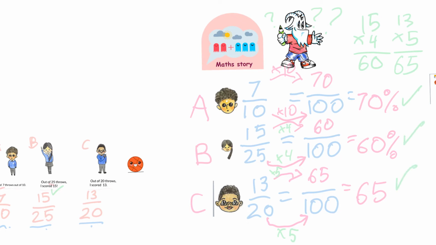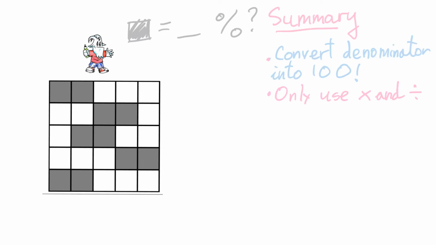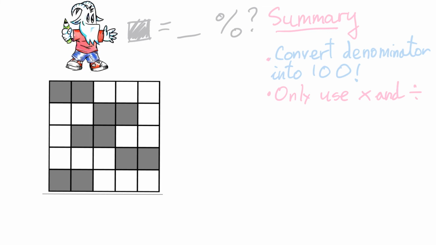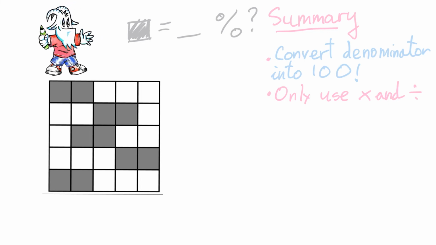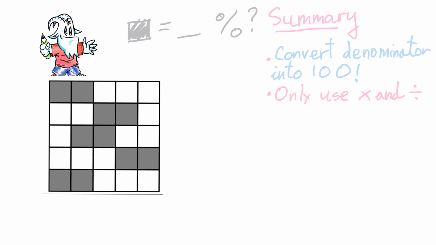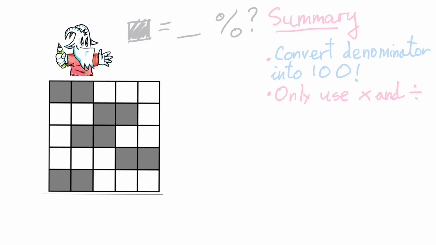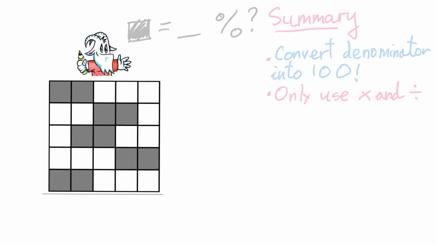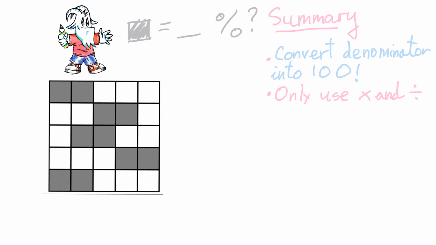Let's move on to some independent practice. So, this is our final practice. Below me, there is a square. The square is shared equally into white and grey squares. The question is, what percentage of the whole are the grey shaded squares?